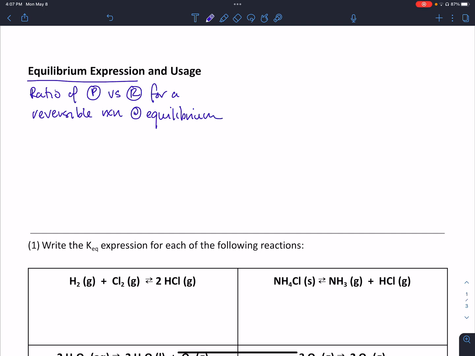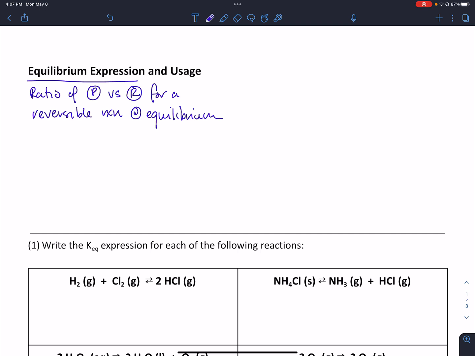Remember, there are a couple requirements for a system to be at equilibrium. The first is that the concentration of the reactants and products must be constant, and that the rate of the forward and the rate of the reverse reaction must be equal. If we have those two conditions met for a reversible reaction in a closed system, then we say that that particular reaction is at equilibrium.